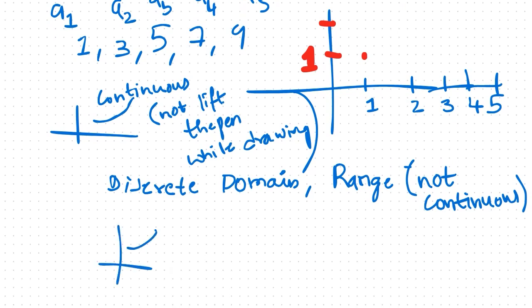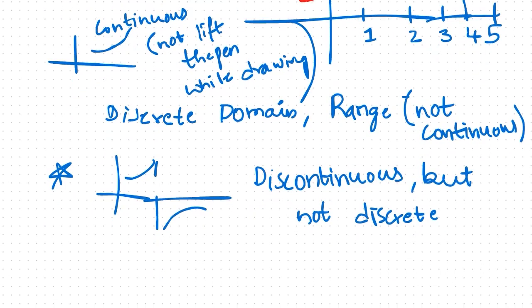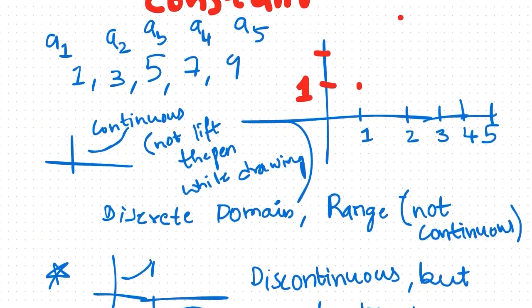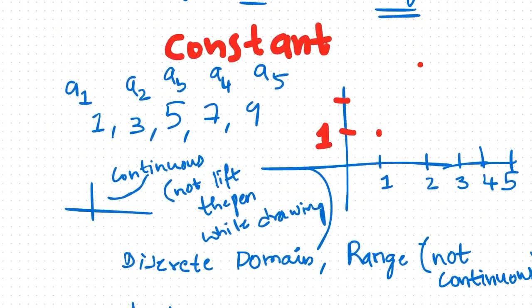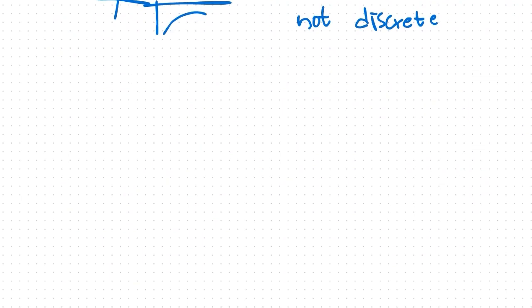Discontinuous means you might have to lift the pen like this, but parts of it are still continuous. So this is discontinuous but not discrete. So for the arithmetic sequence, domain and range are discrete.